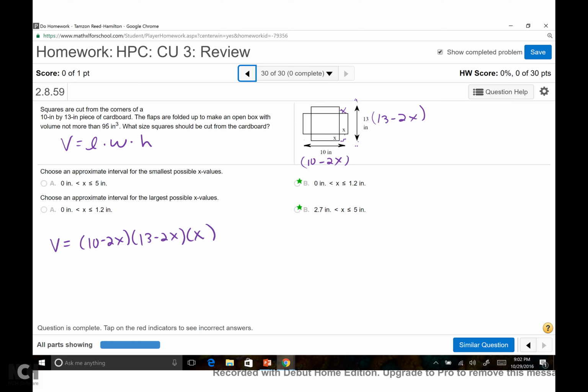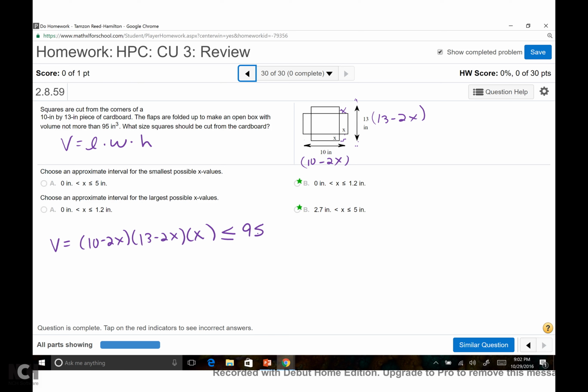And again, I apologize. I should have already graphed this for us. So basically, we want to keep this smaller than or equal to 95. Does that make sense?